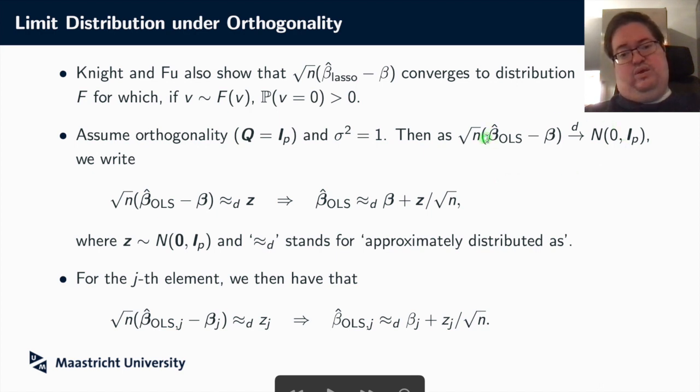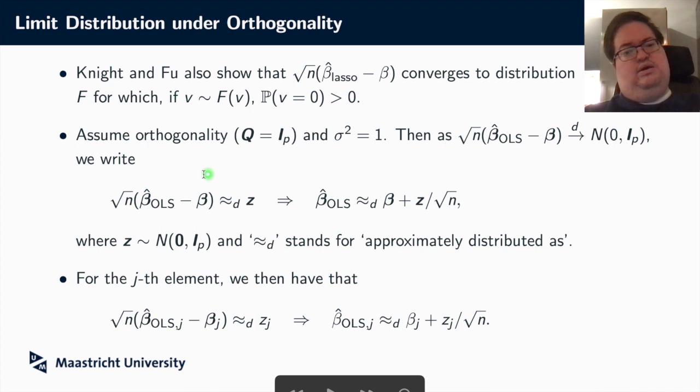So we start from this point here, the least squares estimator, which has an asymptotic distribution of multivariate standard normal. Well, I'm going to write that slightly differently, simply because it allows me to be a bit more flexible with writing.